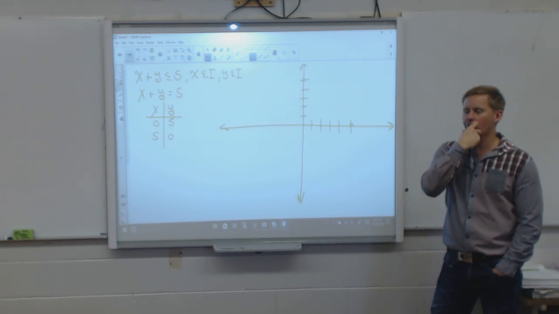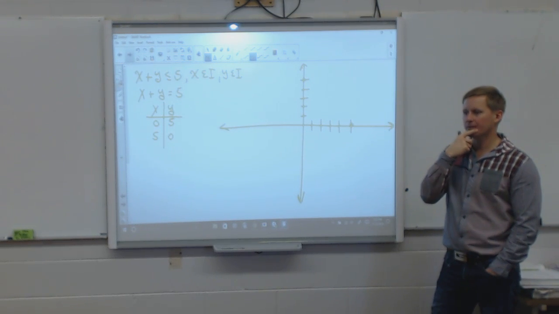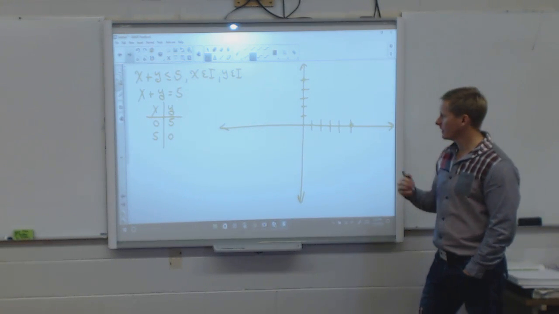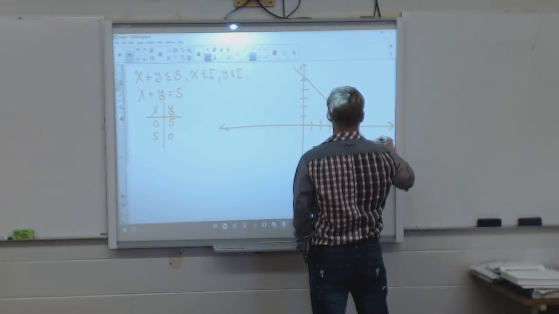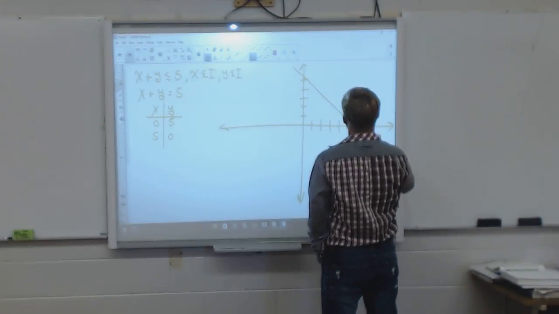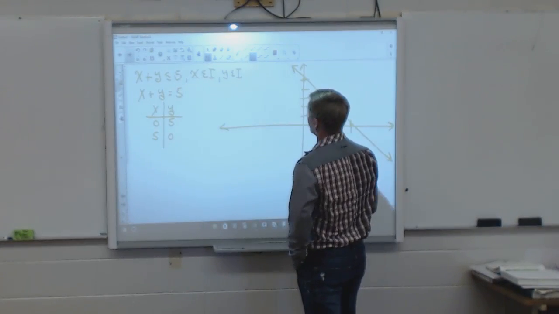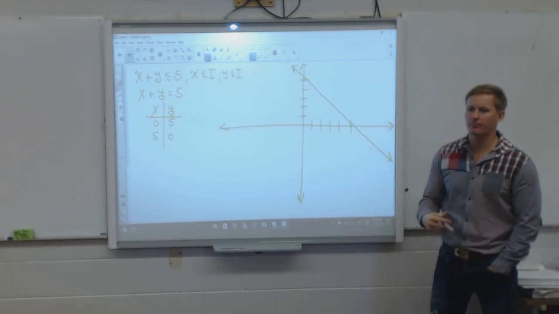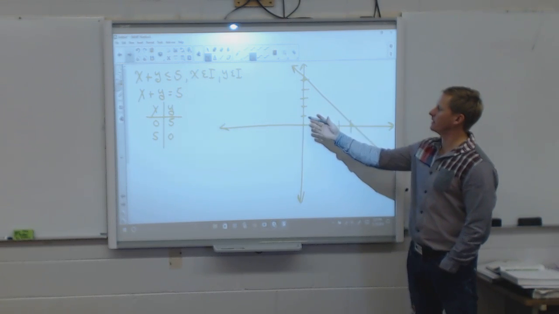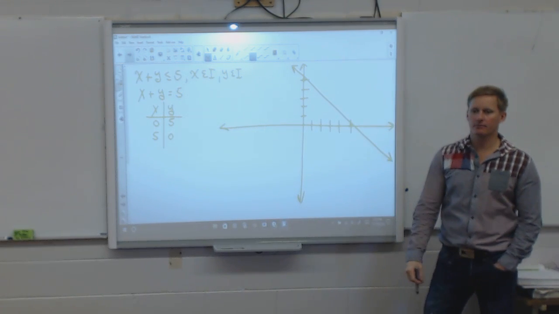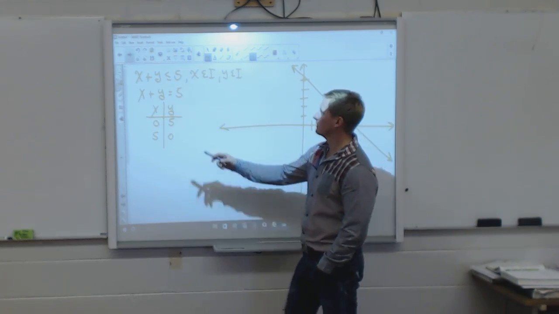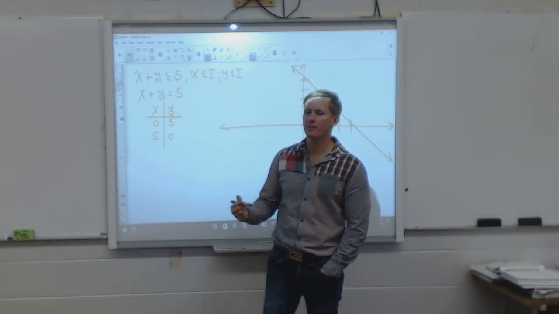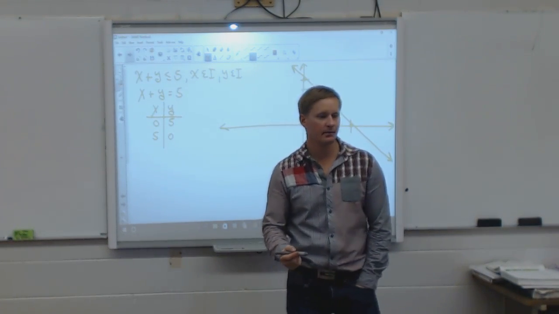Dotted or a solid line? Solid because why? It includes it, it's equal to. All right, just thinking it through. I'm not sure, but I'm going to go with my gut instinct here. Do you think the shading is above or below the line? Because it's less than 5, right? So I'm suspecting that it's probably below the line.